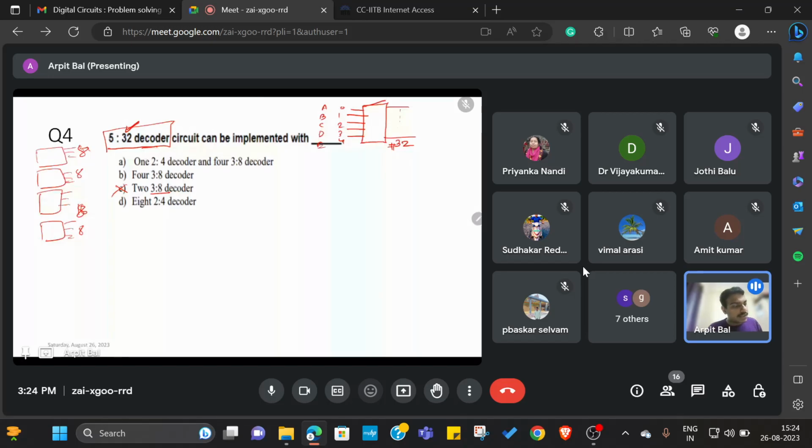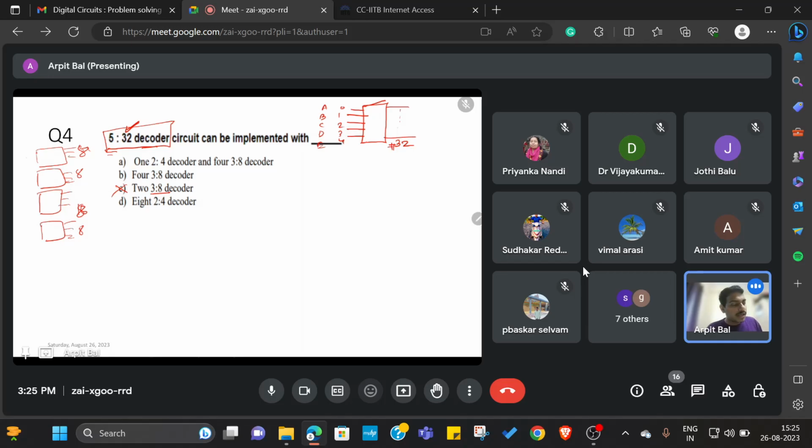But now let us try to look at the possible implementation that can be done. If we take 4 3:8 decoders and place them in this fashion, can you think of a topology in which we can have only 5 inputs and 32 outputs from these combinations?